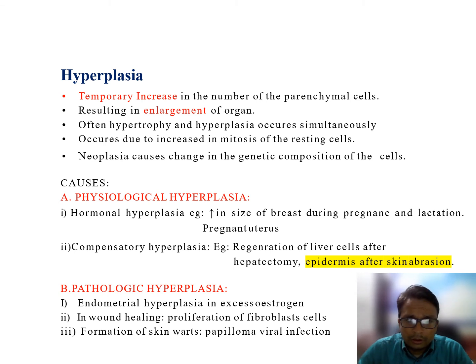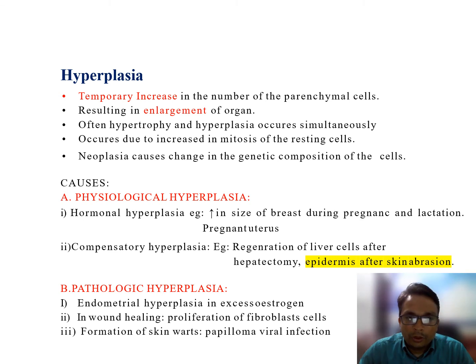If you look at compensatory hyperplasia, you will observe that we have three different types of cells. One cell which is not able to replicate or multiply. One which will multiply at a specific quantity, at a specific speed. And a third type of cell which regenerates or multiplies very fast. Liver cells are of the third type.